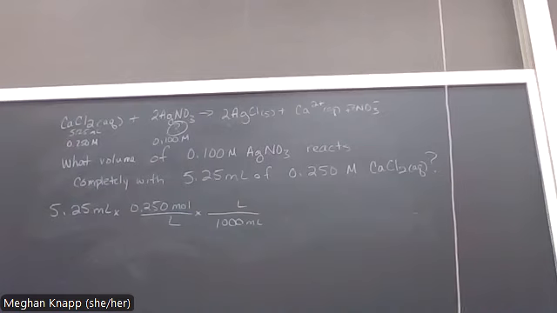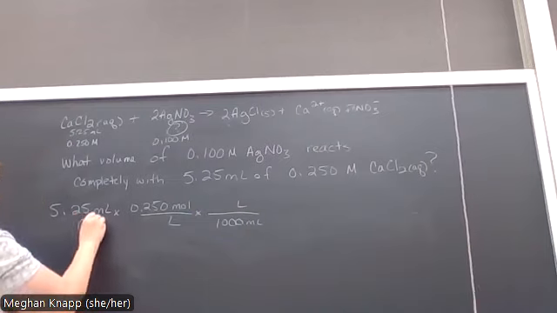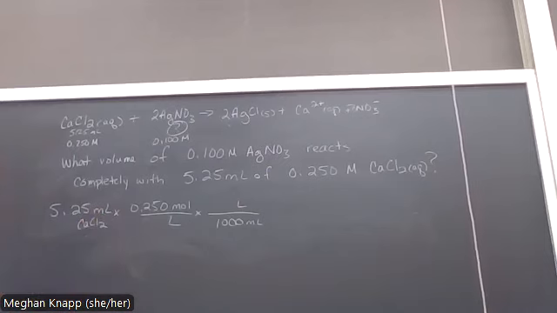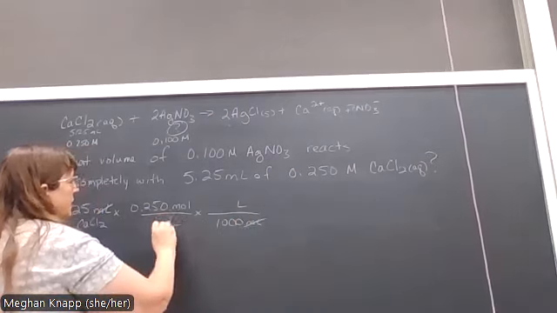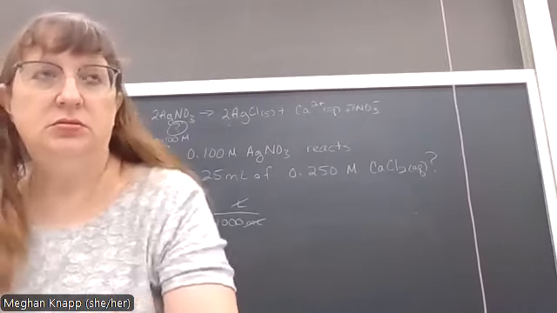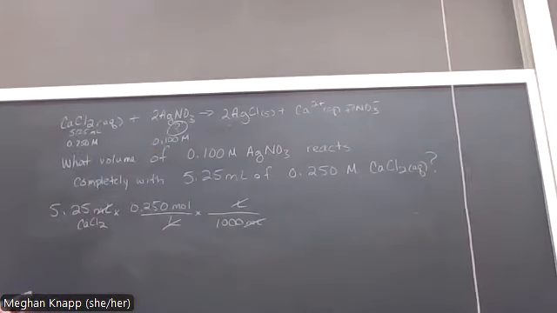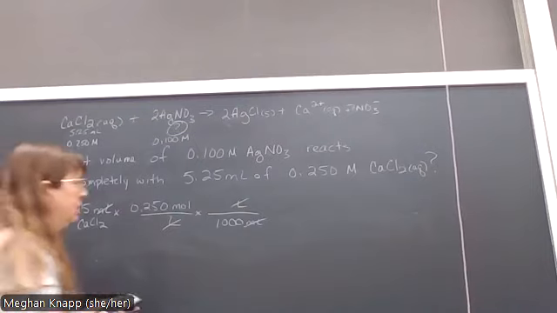And this is all the calcium chloride. I'll label that. We've got 2 chemicals we're thinking about. So milliliters cancels here. Liters cancels here. I'll be left with moles. So 5.25 times 0.25 divided by 1,000.